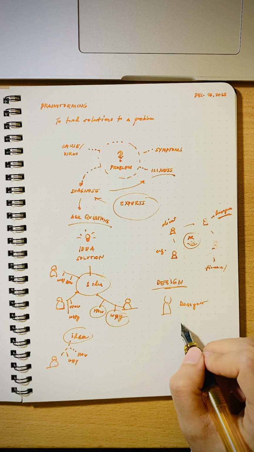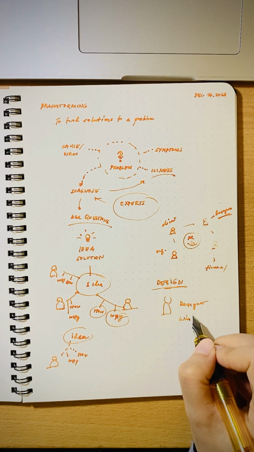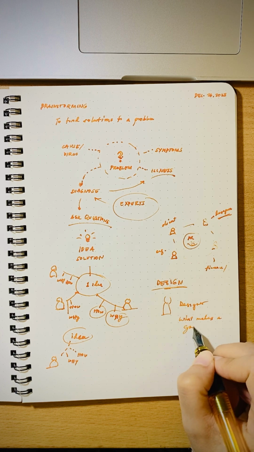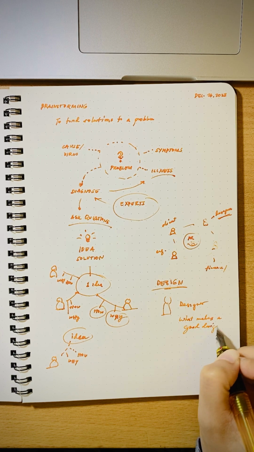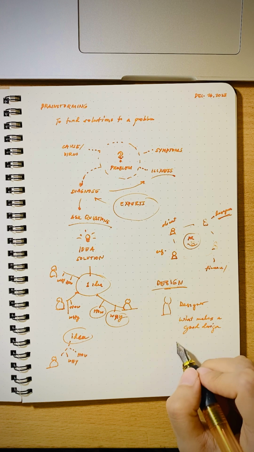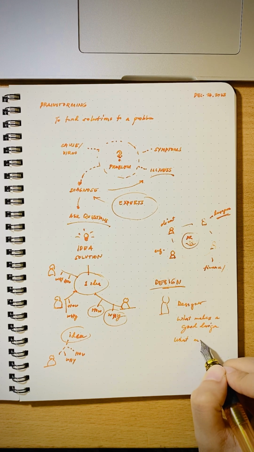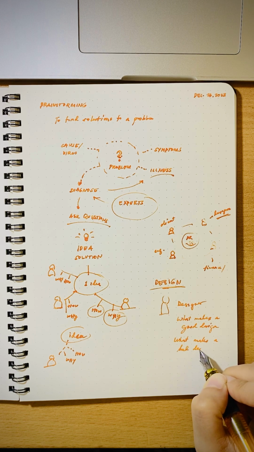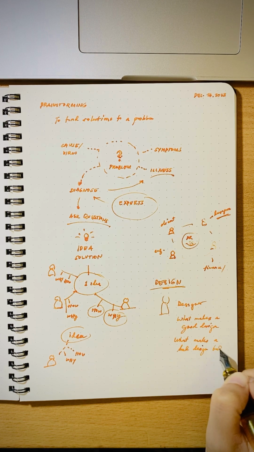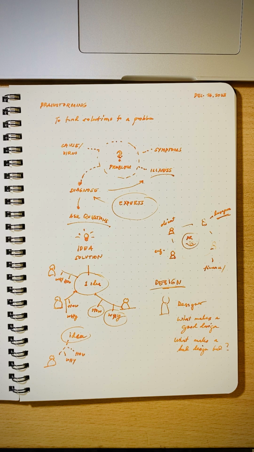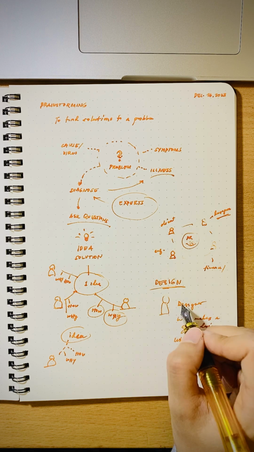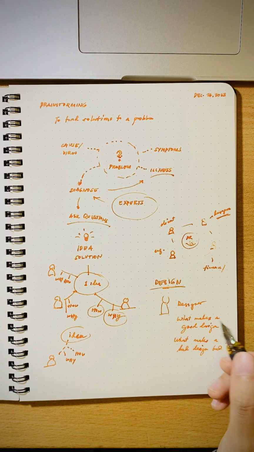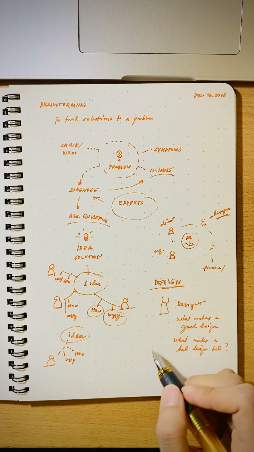If you don't know what makes a good design, how do you know what makes a bad design bad? So a designer knows what makes a good design. Everybody has their own feeling of what's good and what's bad.